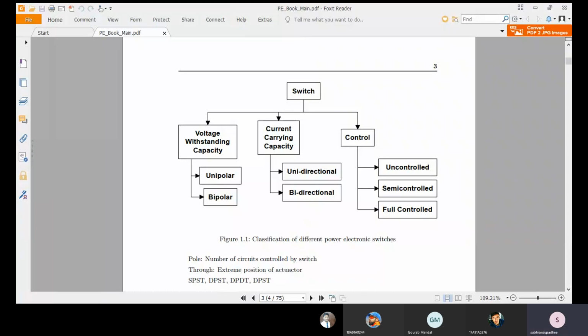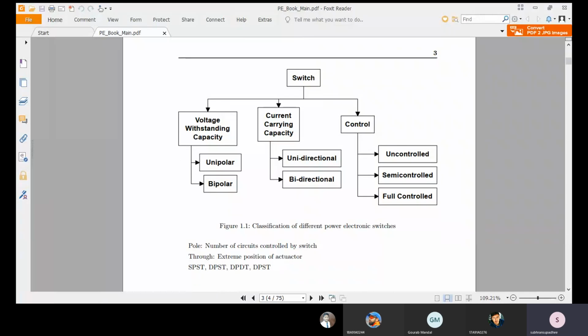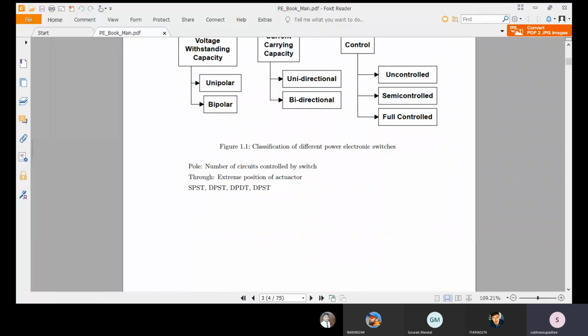Now, whenever you are talking about a switch, you might have known different kinds of switches, which are identified by pole and throw: SPST, DPST, DPDT, and SPDT. Right? Sorry, it's wrongly typed. SPST, DPST, DPDT, and SPDT.